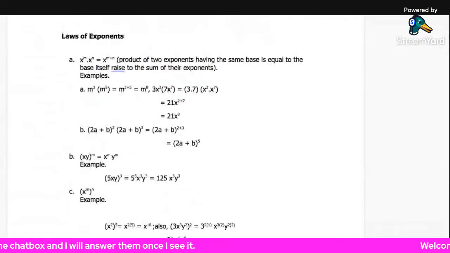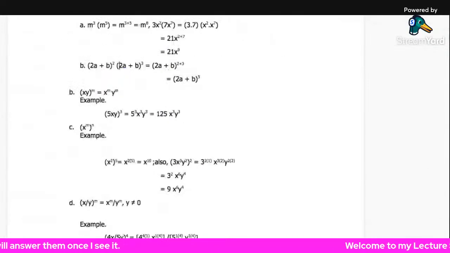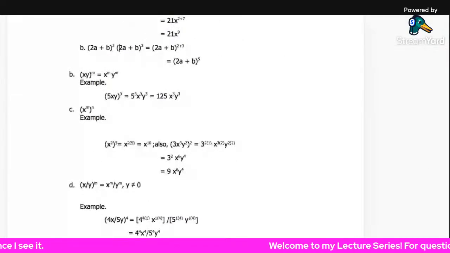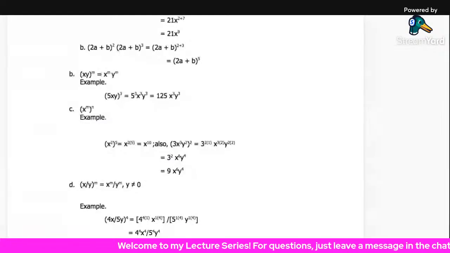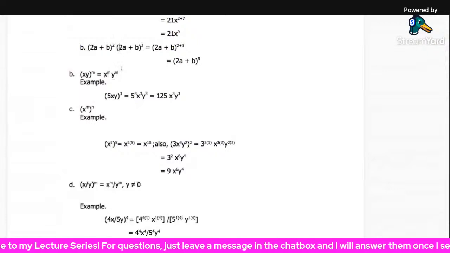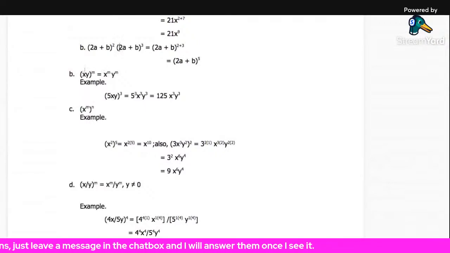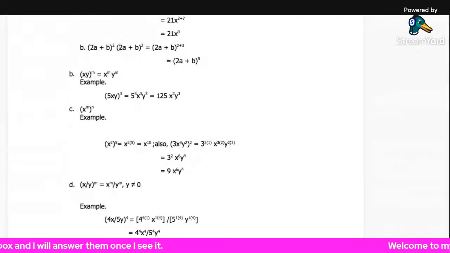So yeah, that's for our first law. And now the second law, we have the quantity xy raised to m is the same as x raised to m, y raised to m. Okay? So you distribute the exponent if the operation is multiplication.